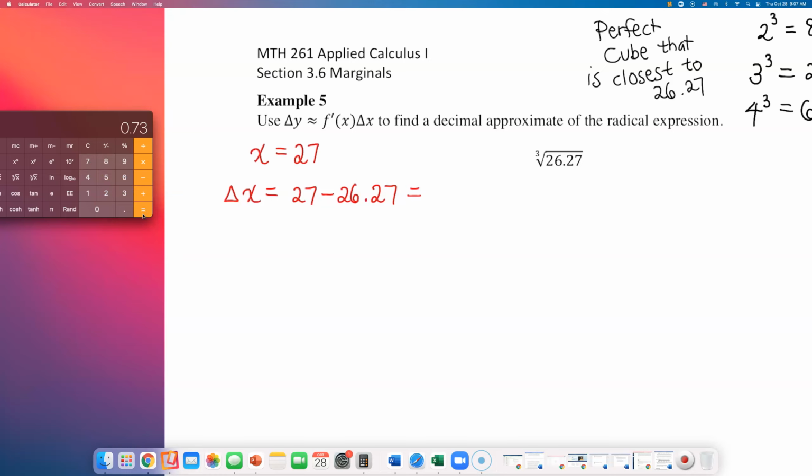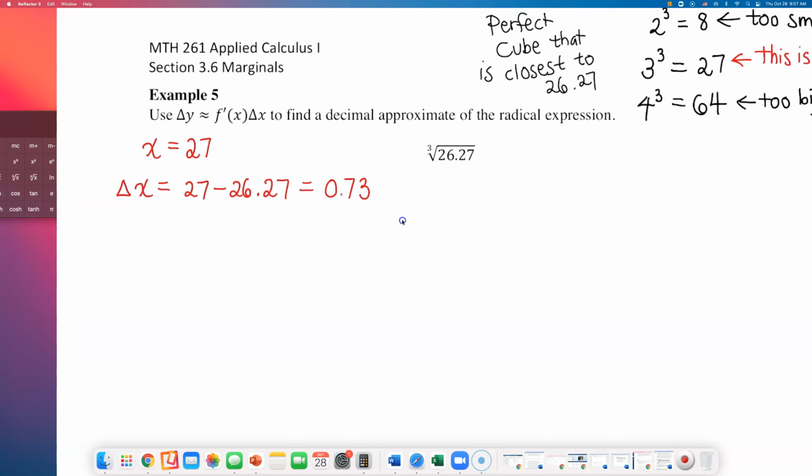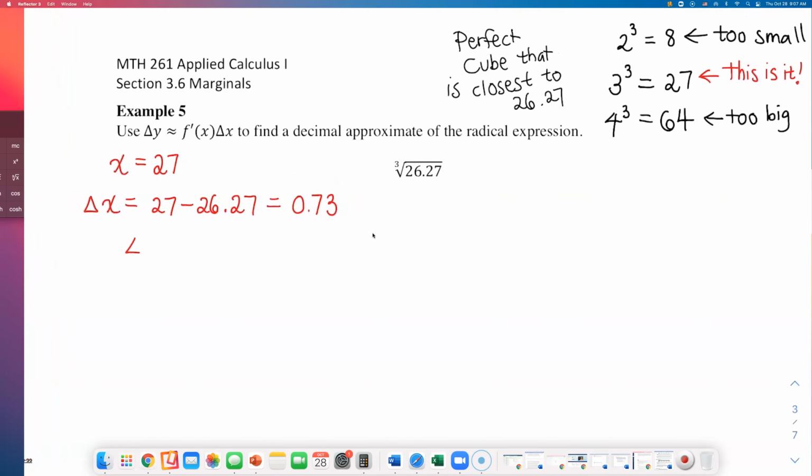So delta x is approximately 0.73. Okay, so we keep this. We say delta x is 0.73. And this is a number that we will use for this piece in the formula.